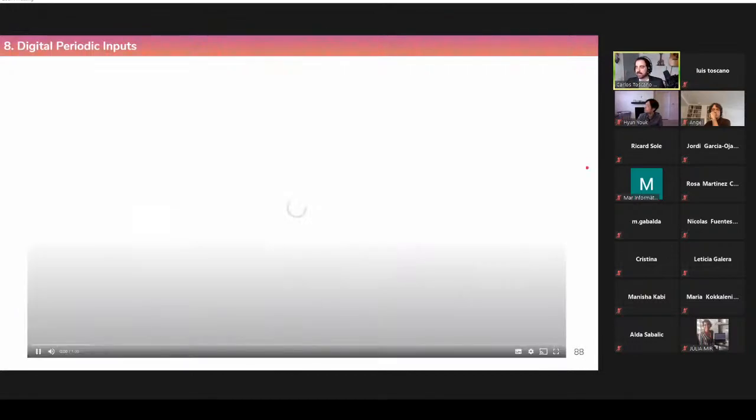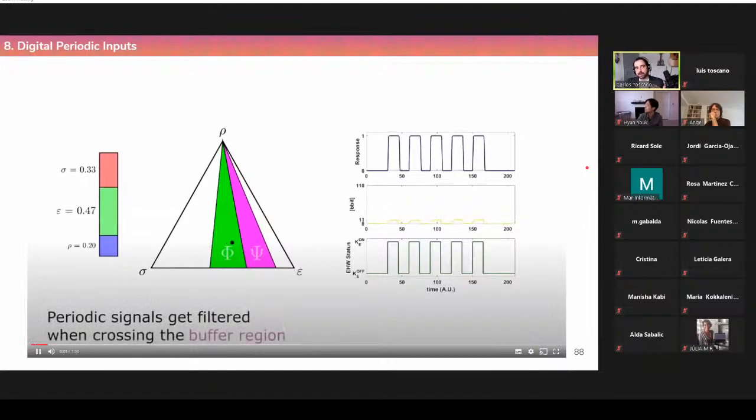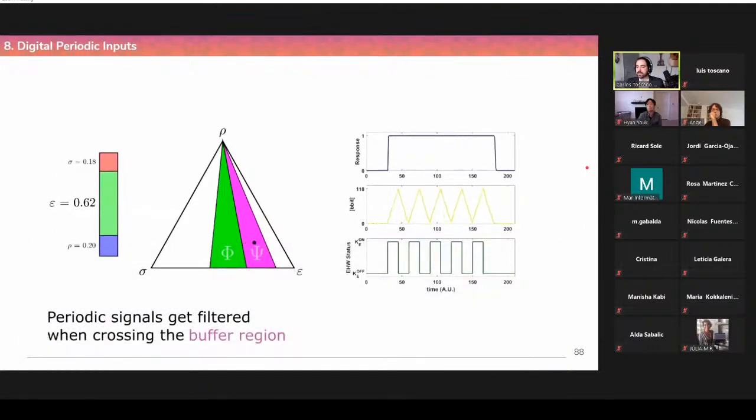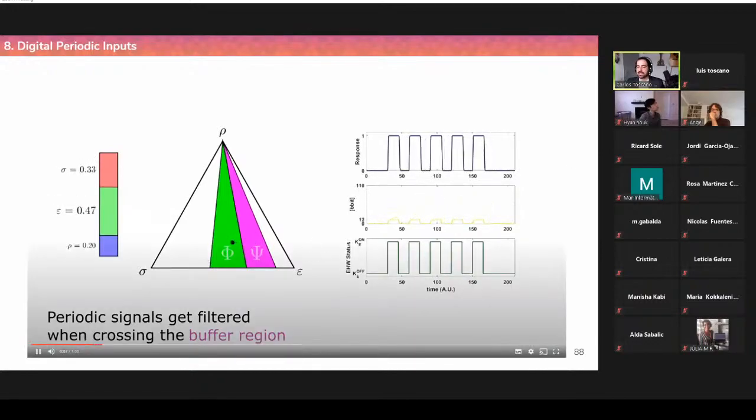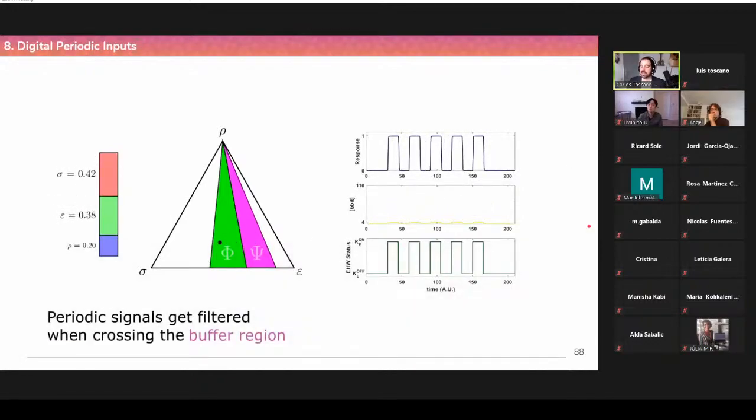Now, this is a video showing you what happens with periodic digital inputs. For instance, if we move into the digital region, we restore the input duty cycle in the output signal, which you can see right now.